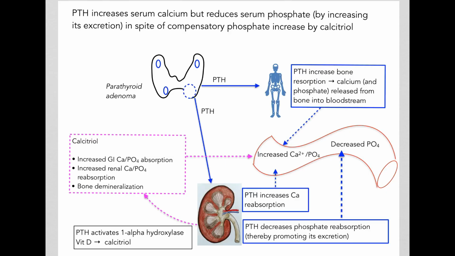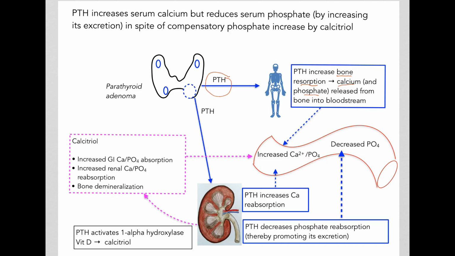So what happens if the parathyroid gland produces excessive amounts of PTH? As we discussed in an earlier video, PTH will cause the increased resorption of bone. That is the demineralization of bone. It will basically break down bone and release calcium as well as phosphate.